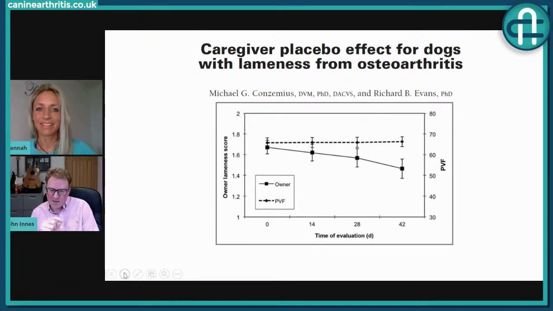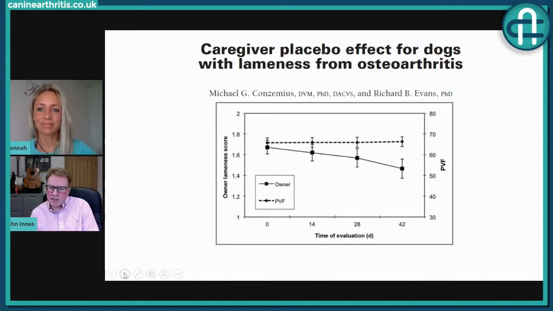And you can see that the force platform, the dotted line, doesn't change over time from 0 to 42 days in this population of dogs, whereas the owner questionnaire improves, the score goes down.